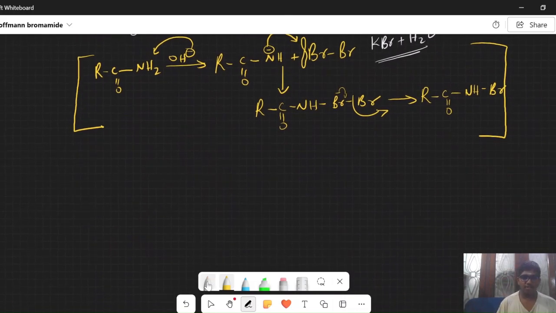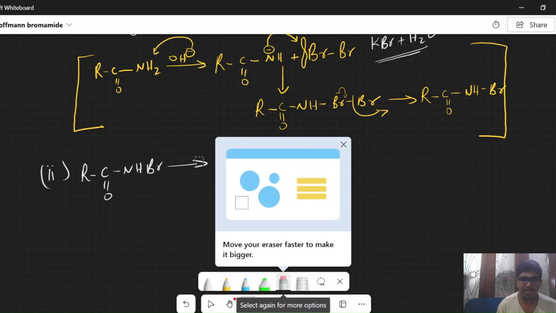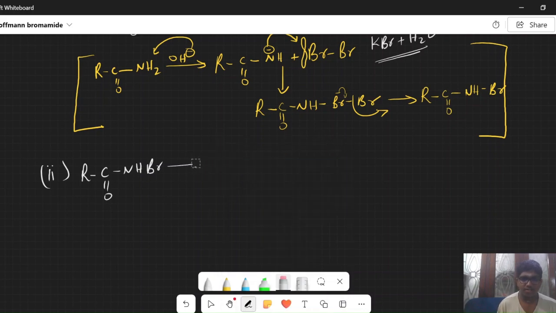Right. Now step 2 of the mechanism is the formed product, which is RCO NHBr, attacked by OH minus once again. So one minute, I'll just erase this. That's right, OH minus here plus OH minus, giving again the proton here.